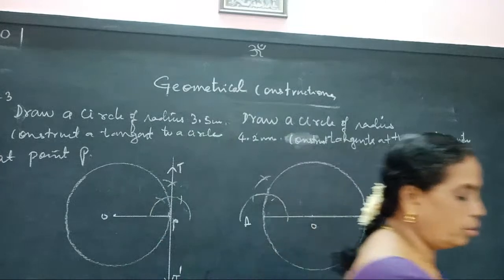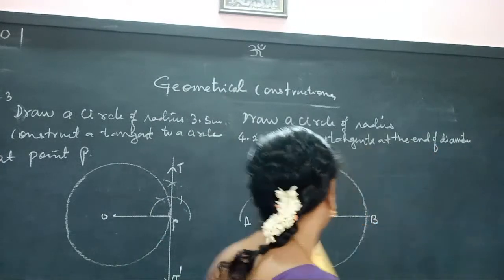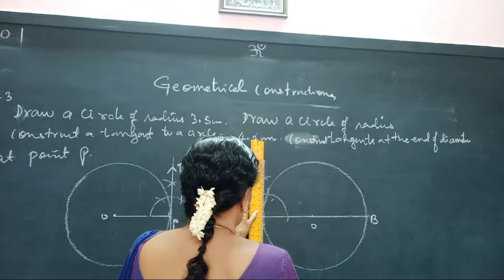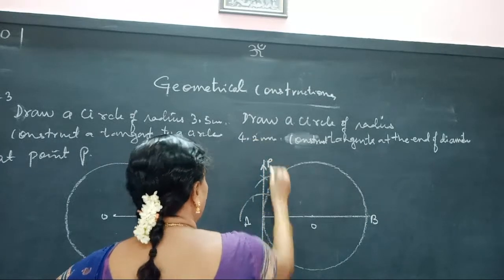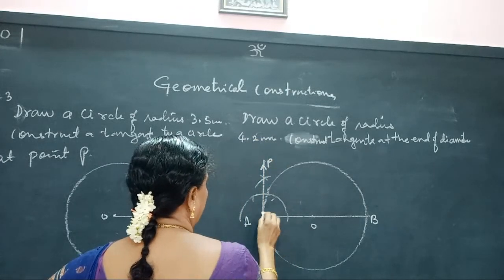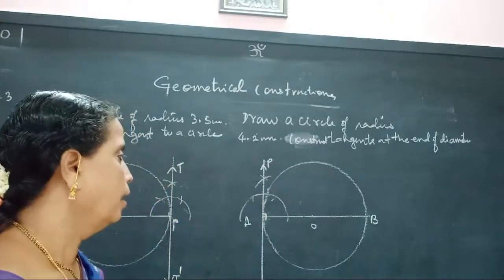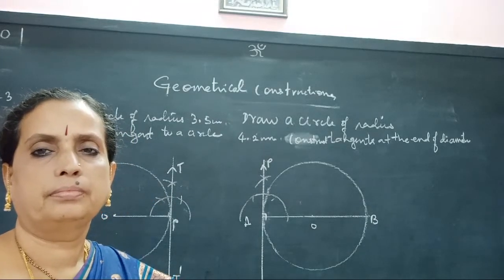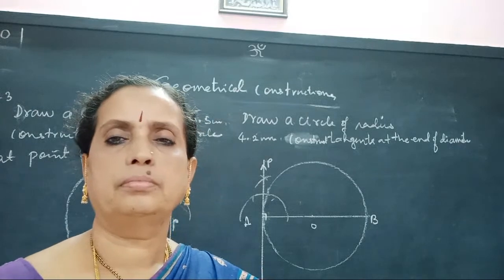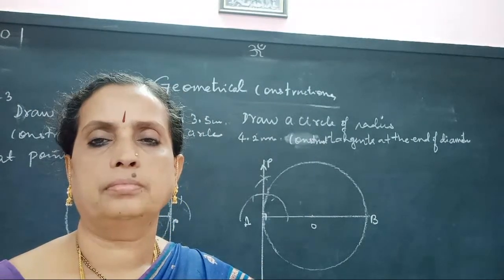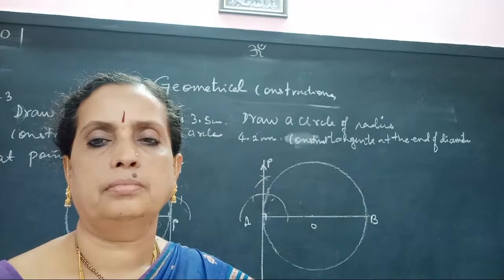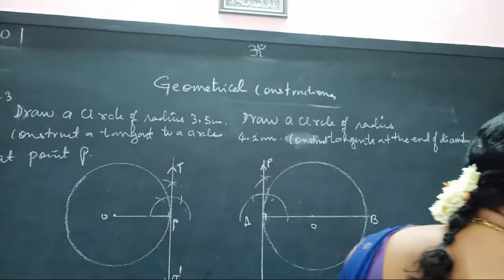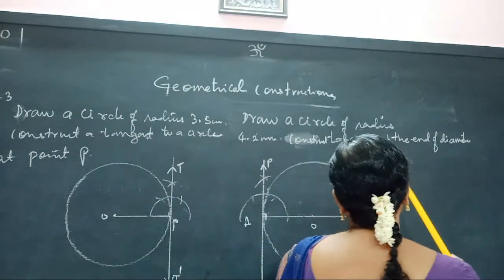Now name it as PQ. It is touching the circle exactly at a point. A point we are constructing. Next, at B also do the same thing.